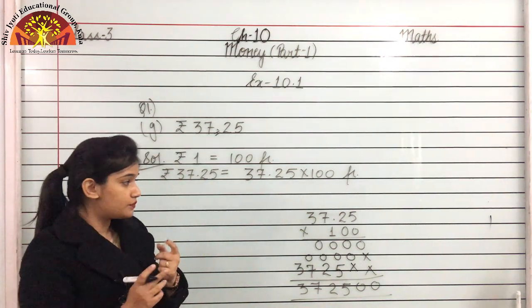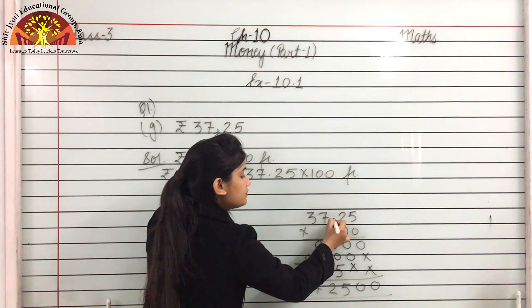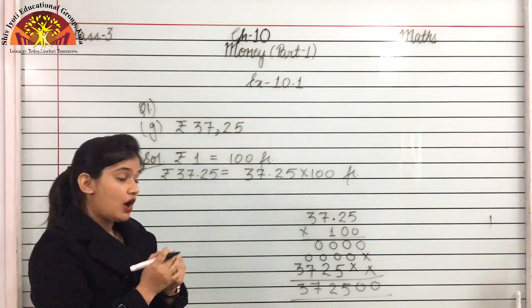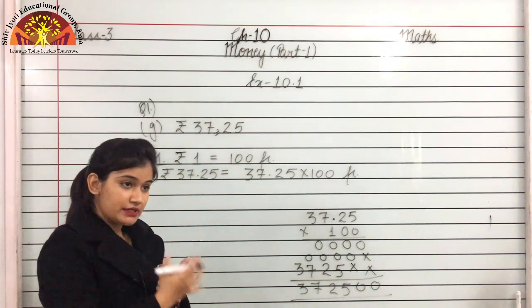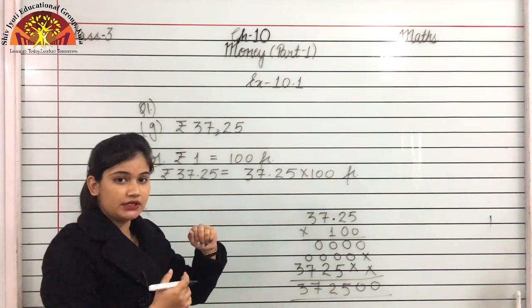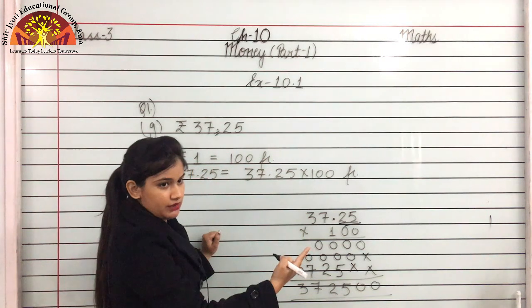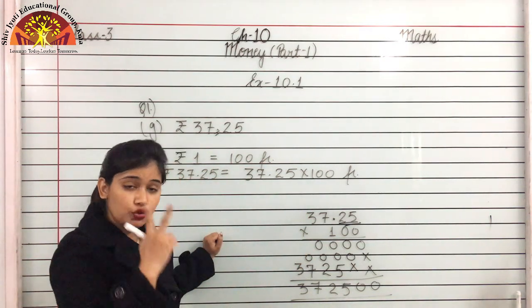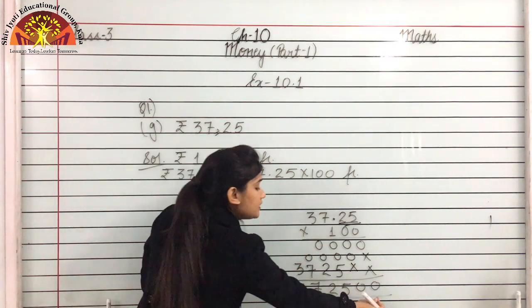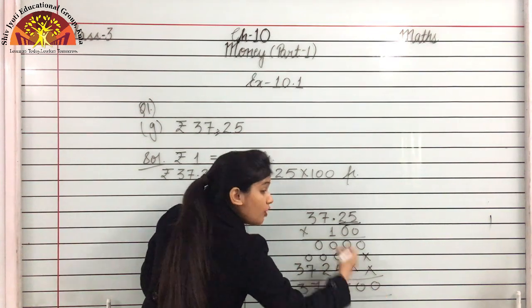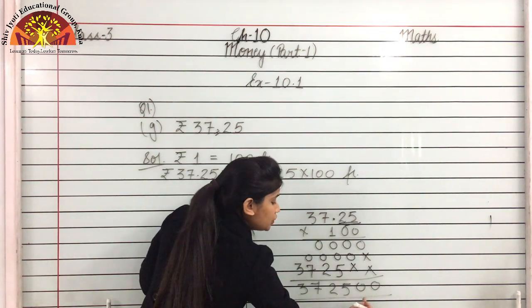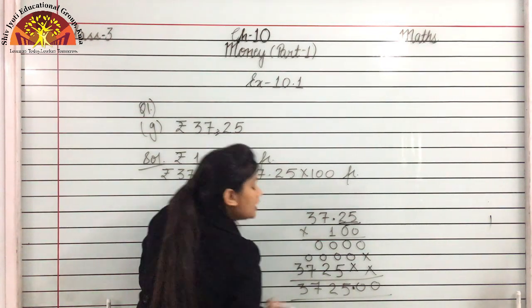But what we have to observe now, we are observing this decimal point आ रहा है यहाँ पे. So how can we solve this decimal? How can we multiply a number if we have decimal here? Simply we have to observe the digits after decimal, and after decimal we have 2 digits. So in the answer we have to count 2 digits from one side, 1, 2, and we have to put a decimal here.